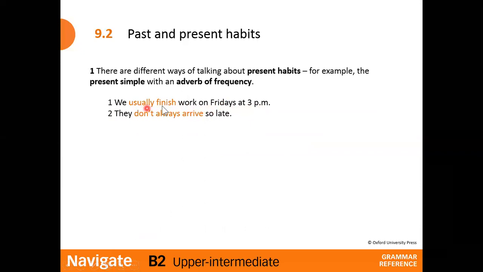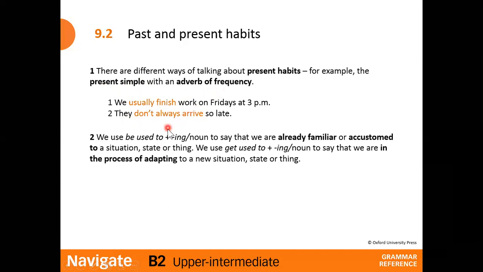And usually is an adverb of frequency. Finish is a present simple verb, right? And they don't always arrive so late. Don't always arrive. This is the negative form of present simple, and always is an adverb of frequency. Okay, so these two sentences describe present habits.